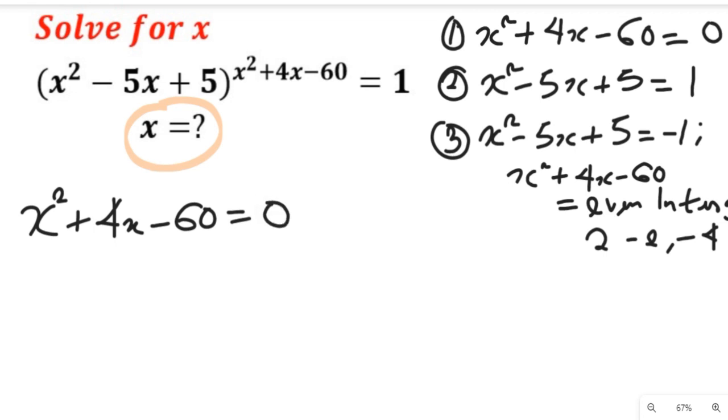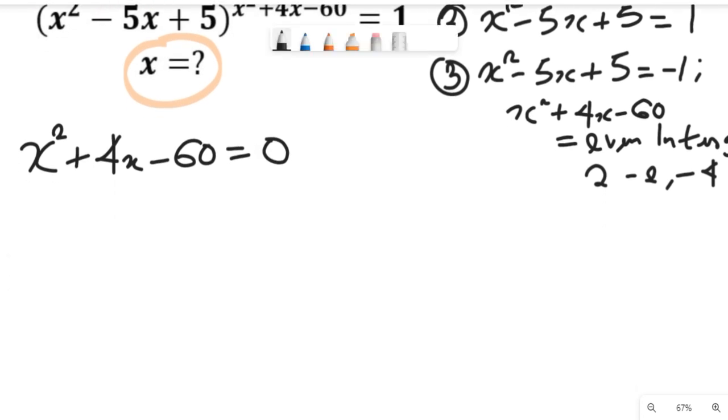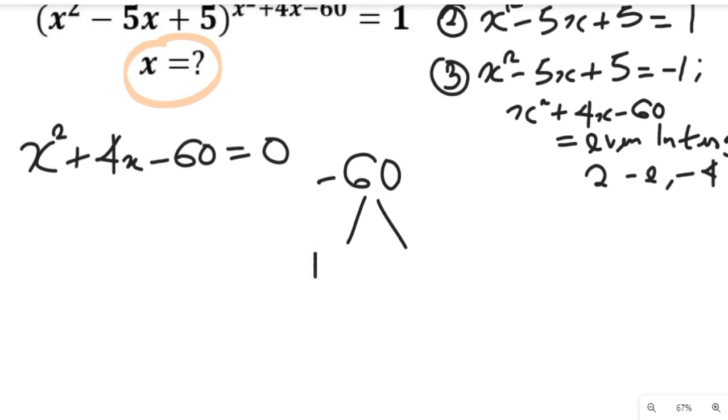If we simplify this quadratic equation, we're going to find two values which, when we multiply them, give minus 60, and when we add them, give plus 4. The two values are plus 10 and minus 6.